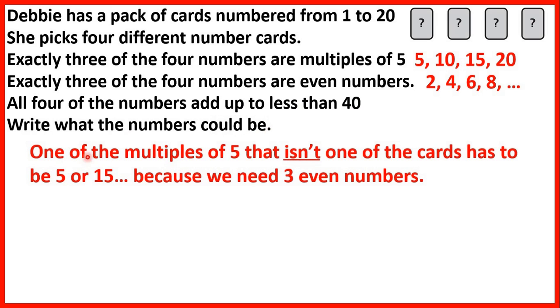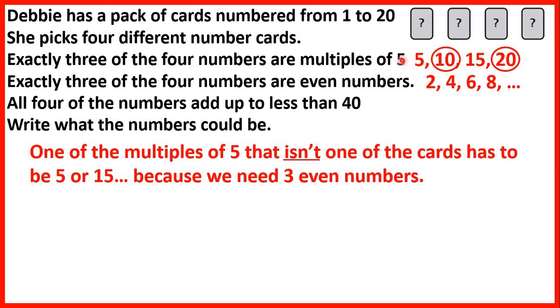Well, we know one of the multiples of 5 that isn't one of the cards has to be 5 or 15 because we need 3 even numbers. So we know that 10 and 20 must have been 2 of the cards because we know that 3 of them were multiples of 5 and 3 of the 4 numbers are even numbers.